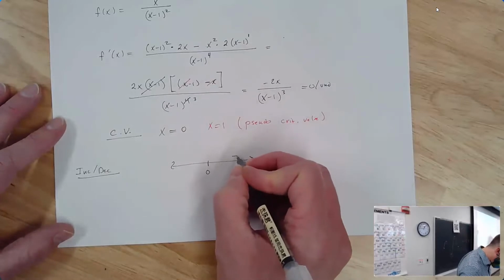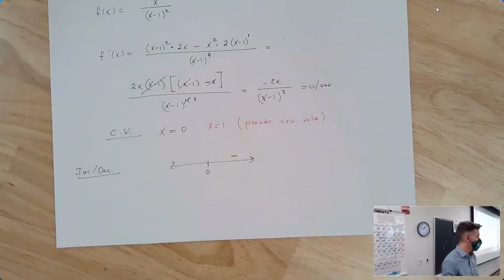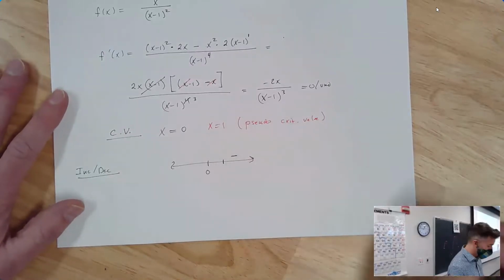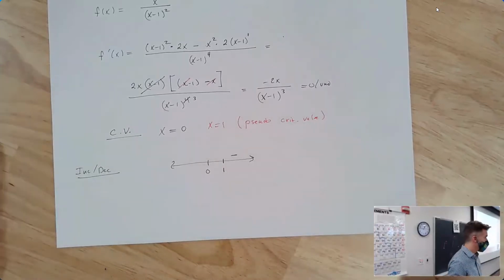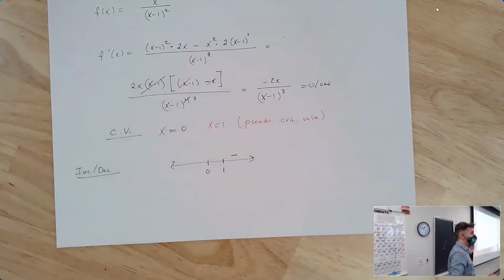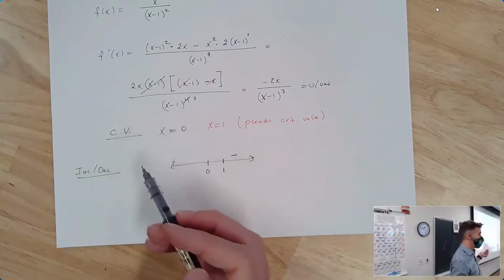So the mistake I'm making is saying it's all negative over here. Because it's not. It's going to change signs, or potentially change signs, where the derivative is undefined. So even though 1 isn't actually a critical value, it still is a place where the derivative can change signs. And so it's still important to include it on our derivative sign chart.